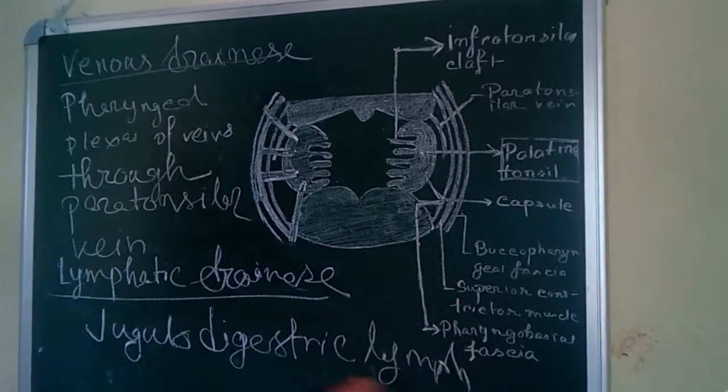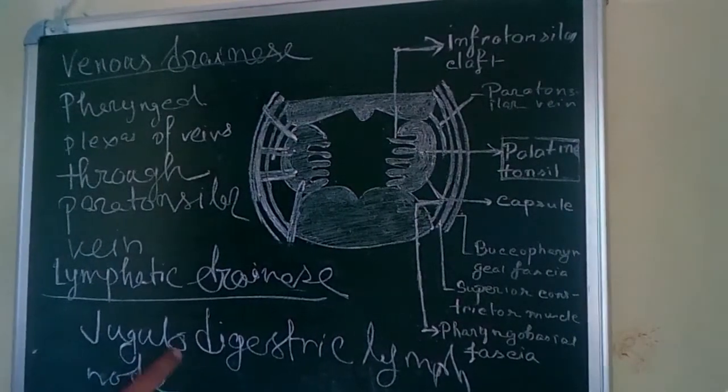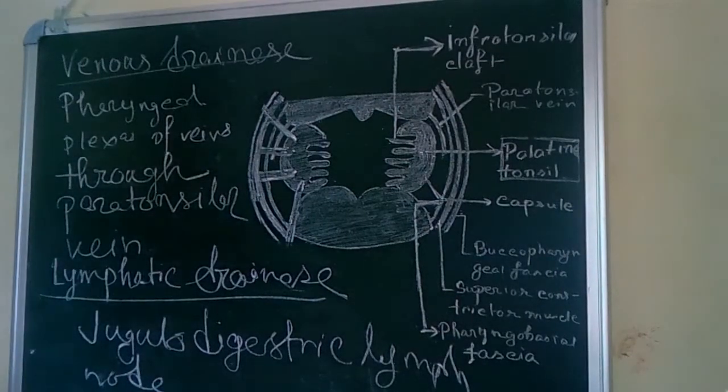The jugulodigastric lymph node is often called the tonsillar lymph node, and it is usually enlarged in infections of the tonsil, which is called tonsillitis.